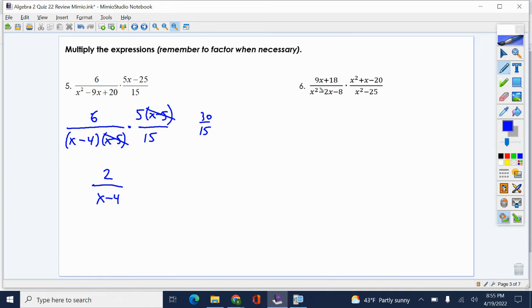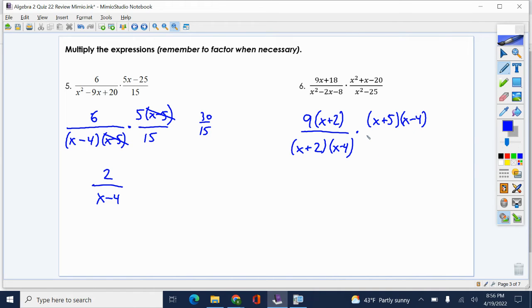Next one, 9 goes into 9 and 18. Underneath, multiply to -8, add to -2. That's +2 minus 4. Top right, numbers that multiply to -20 that add to 1 are +5 minus 4.